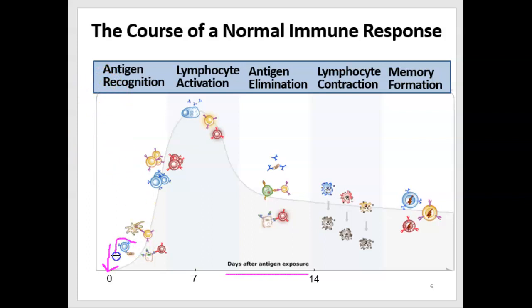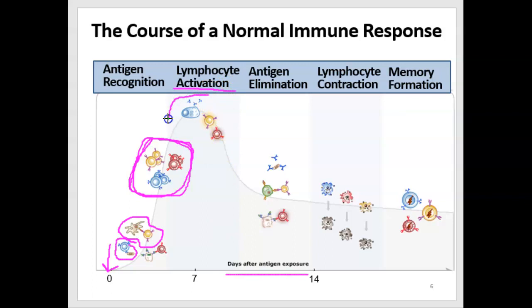So you have to have B cells respond, and you have to have antigen presenting cells present the antigen to T lymphocytes. Then the lymphocytes are activated, and you get this clonal expansion of all these cells that can fight the numerous pathogens that have entered your body.